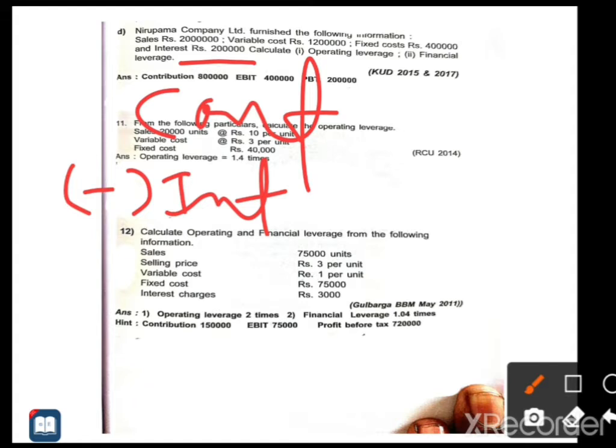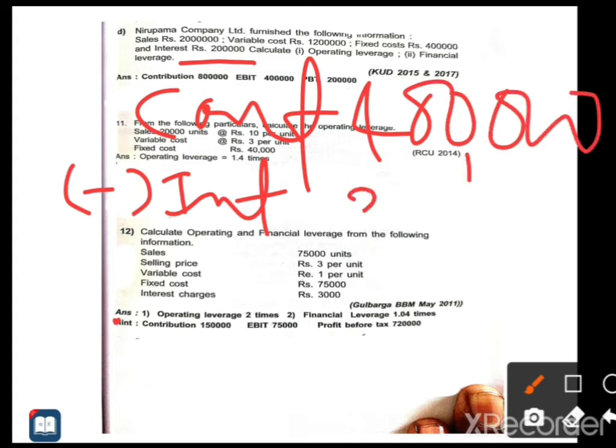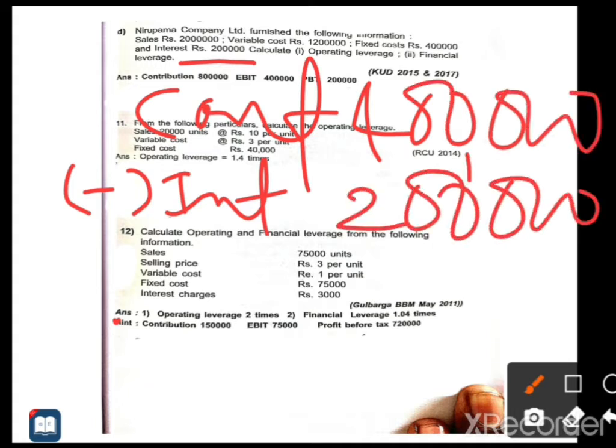See, in this problem it is not difficult to find the interest, because they have given interest as rupees 2 lakh, and there is no information regarding rate of interest. If there is no rate of interest, whatever amount is given, assume that it is already the calculated interest. So we minus 2 lakh rupees interest from the 4 lakh.